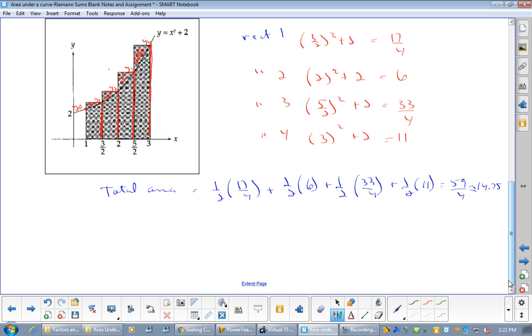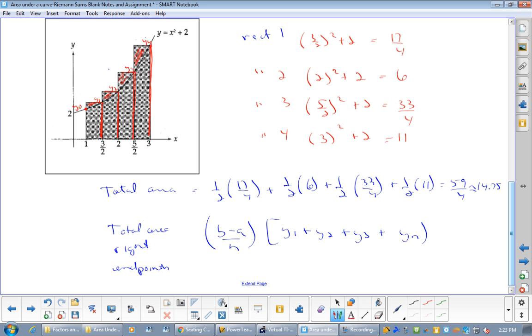But the formula for the right, so when we do total area using the right endpoints, okay, so it's b minus a over n, that's the width, times, not y0, but y1 plus y2 plus y3 plus yn, in this case 4.